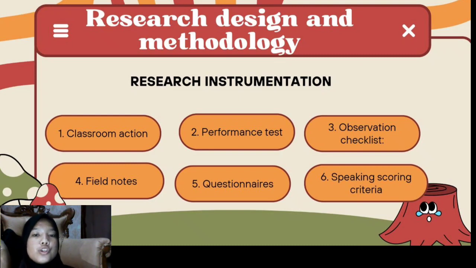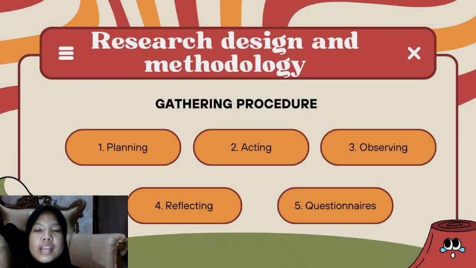The author used speaking scoring criteria from a Brown speaking rubric to evaluate the effectiveness of the single picture approach in improving student speaking ability. In summary, the research instrumentation used in the study include classroom action research, performance tests, observation checklist, field notes, questionnaire, and speaking scoring criteria.